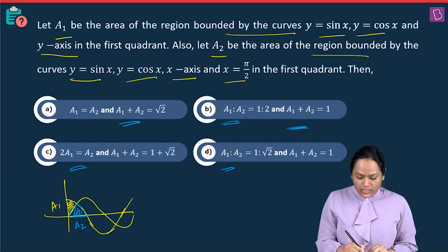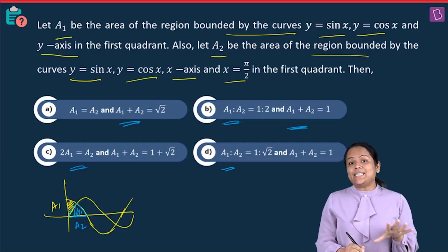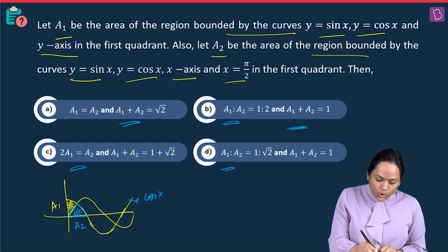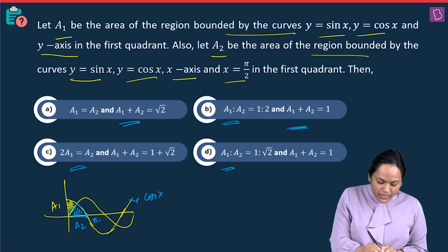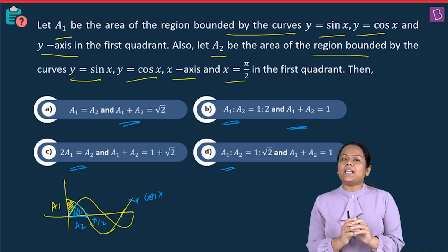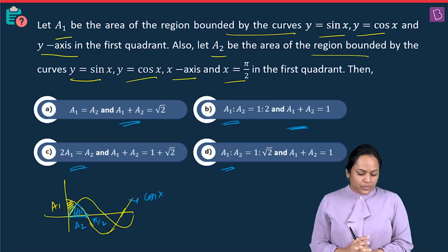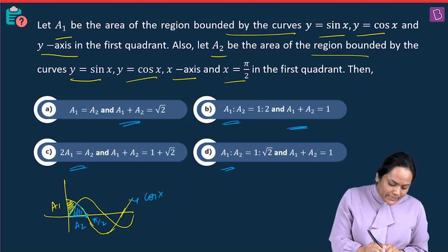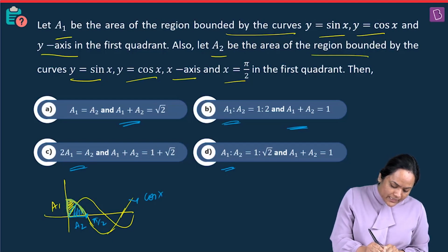Clear? Okay. So now if I see this figure, what is going to happen? I have this curve, let's say, as my cos x. This point you already know, it's pi by 2. Can you tell me, guys, what is A1 plus A2? Well, in the figure, if I combine A1 and A2, I can easily say that my A1 plus A2 is going to give me this entire area, isn't it?